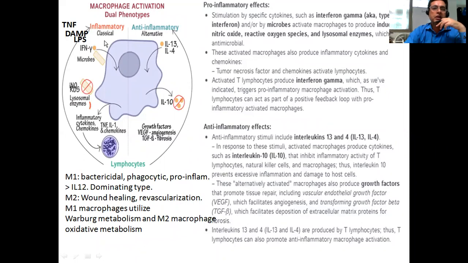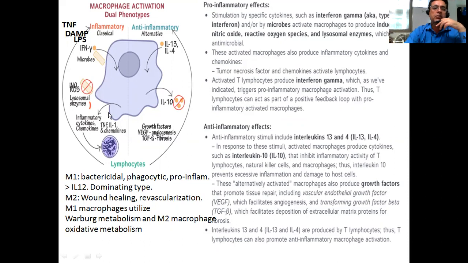The inflammatory or classical way is called M1. M1 activation is bactericidal, it's phagocytic and pro-inflammatory at the same time. The cell secretes lots of interleukin 12, which enhances this process of inflammation.